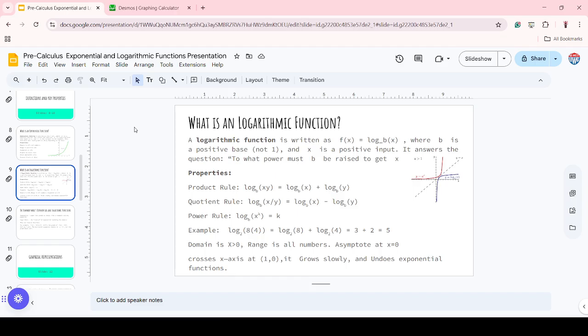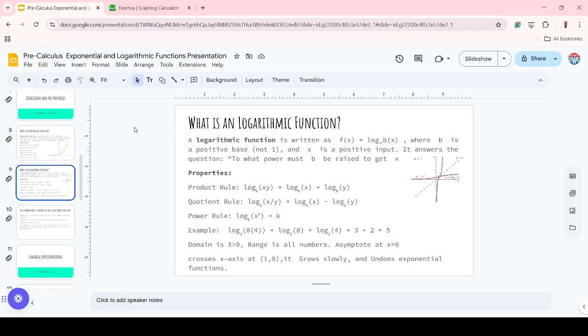Okay, let's go ahead and move on to the logarithmic functions. We know that, of course, the logarithmic function is f of x is equal to log subscript b of x. B is the positive base that's not 1. X is a positive input, and it always answers the question, to what power must b be raised to get x?